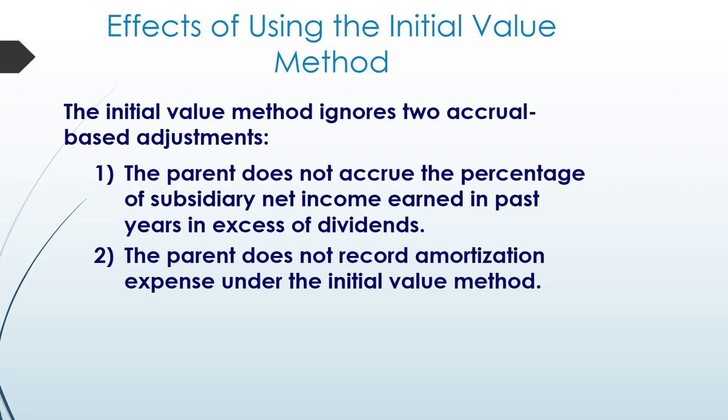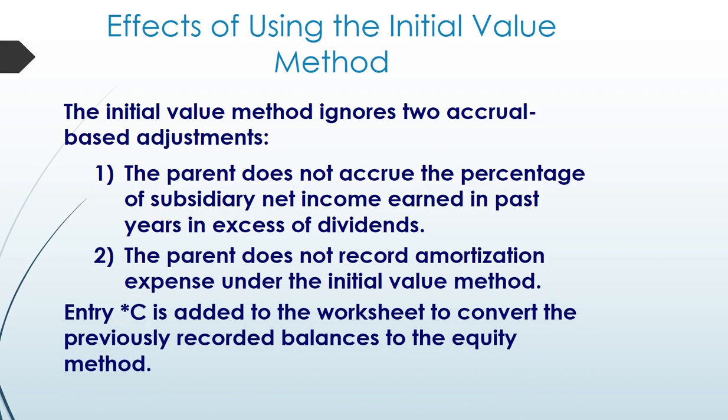The parent has not accrued the percentage of subsidiary net income earned in the past years in excess of dividends, and the parent does not record amortization expense under the initial value method. Remember, the adjustment has to back out the dividends, because under the initial value method we have recorded dividends as revenue. So we've already recorded a portion of the net income via the dividends.